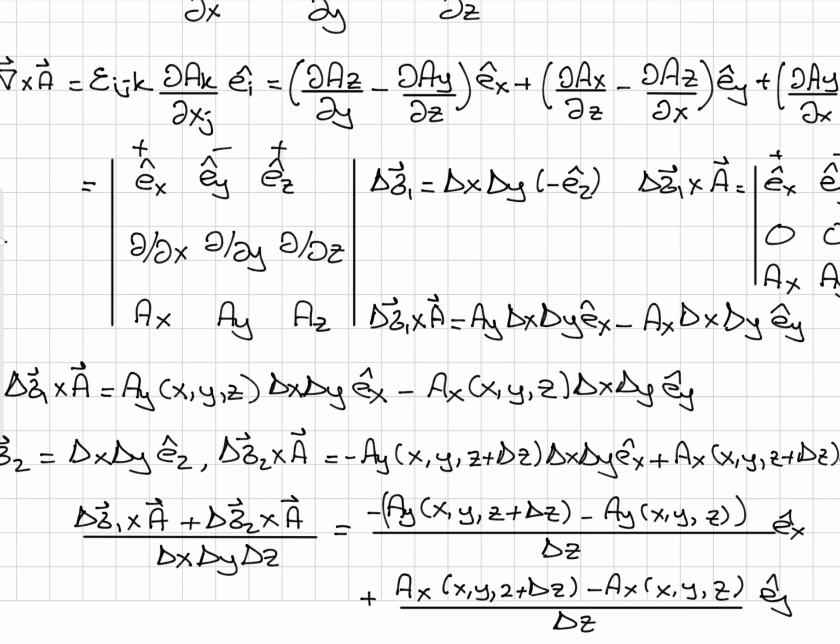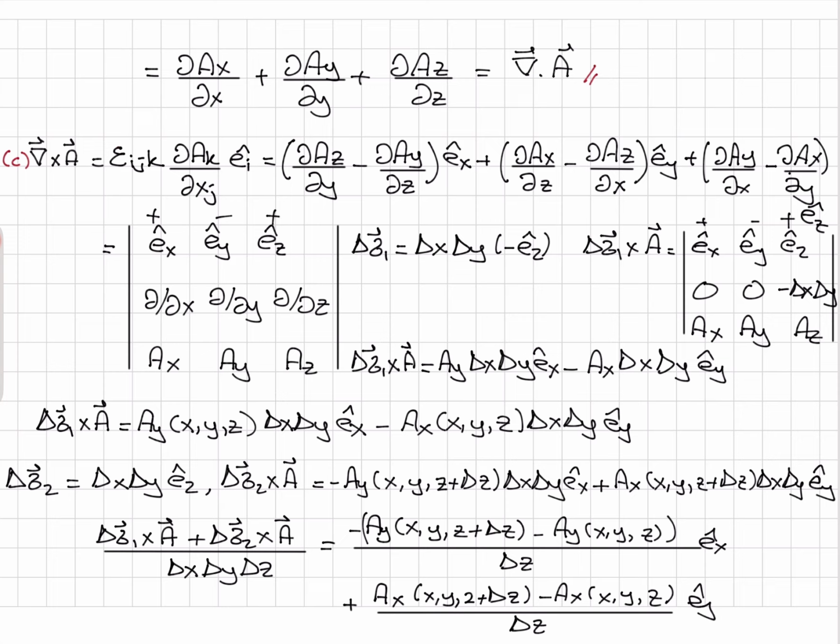Okay. So what is this? In the limit delta X delta Z goes to 0 and delta X delta Y go to 0, you can see delta X delta Y is cancelled. That's why I had dz at the bottom. The limit as delta X, delta Y and delta Z go to 0, which means the area goes to 0, the volume goes to 0.